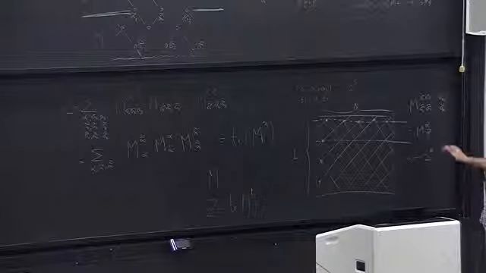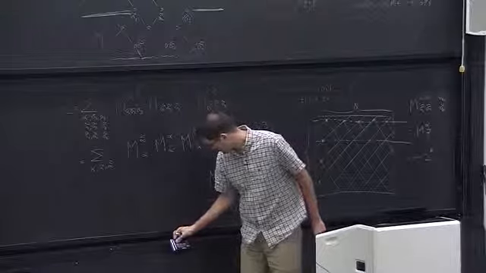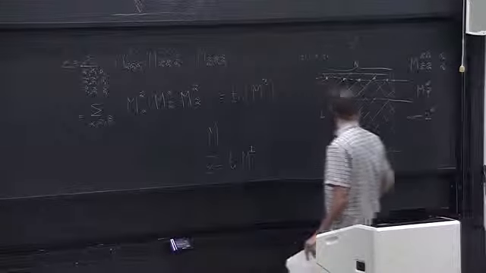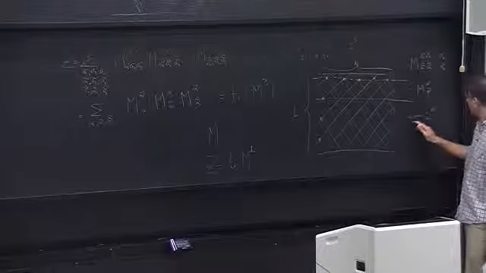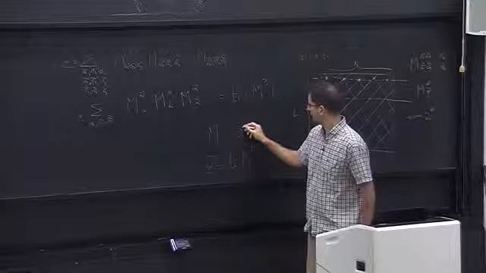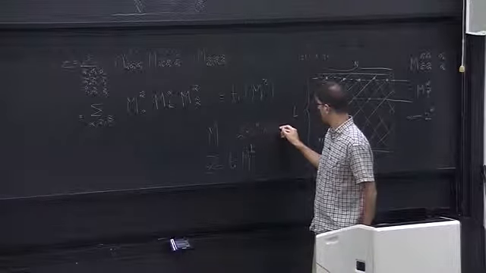Can you see? Well, okay, that's not the best place in the blackboard to be writing. But what I'm saying is that matrix M is going to be a 2 to the n times 2 to the n matrix. Okay?